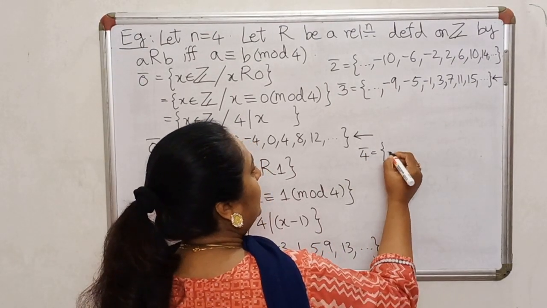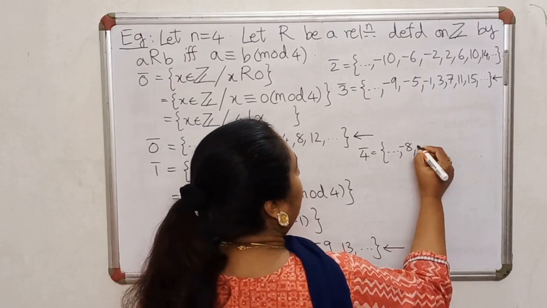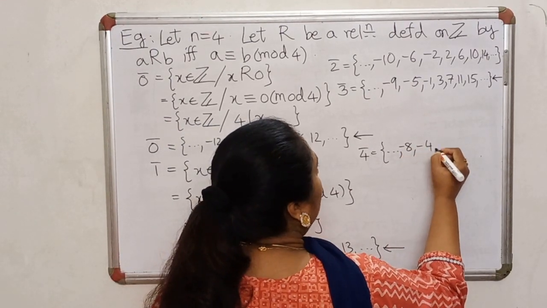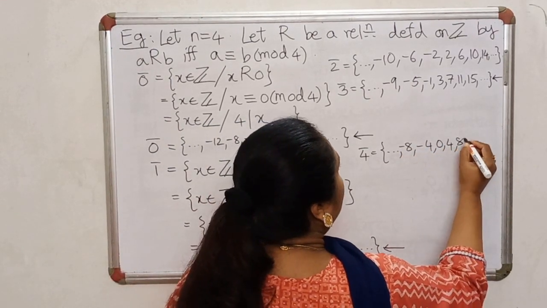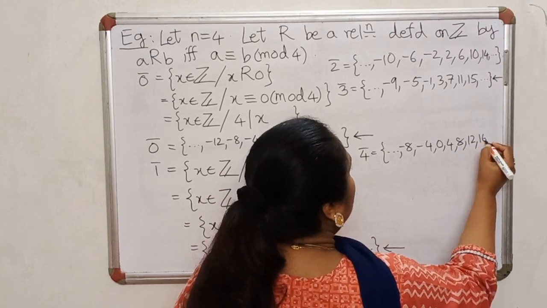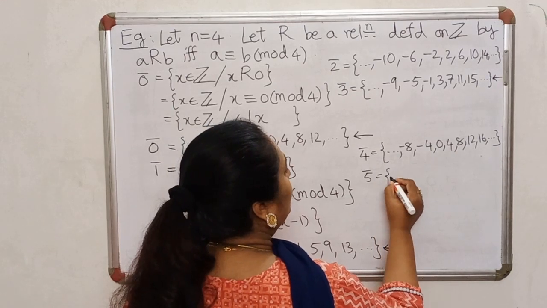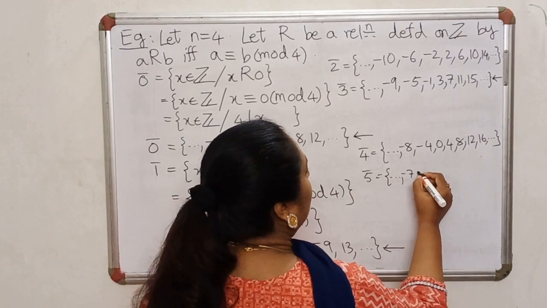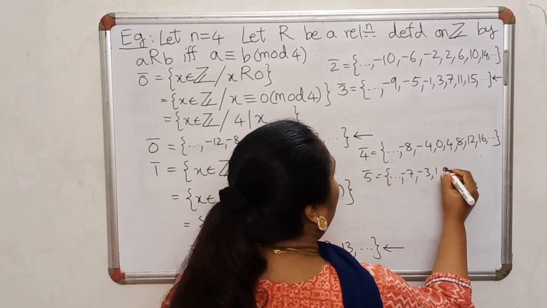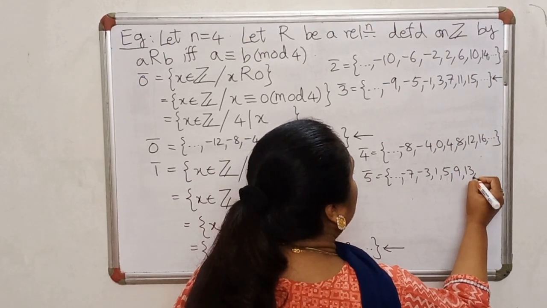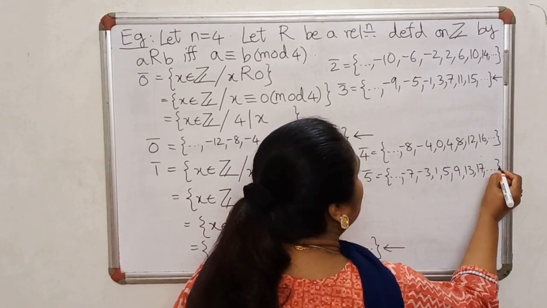By the same pattern, 4 bar will be minus 8, minus 4, 0, 4, 8, 12, 16, and so on. 5 bar will be equal to minus 7, minus 3, 1, 5, 9, 13, 17, and so on.